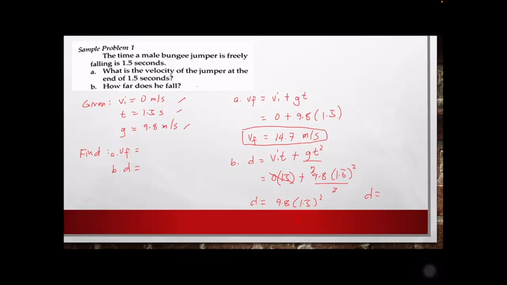Anyone? Are you sure? It's squared, so it's 1.5 squared. The answer is 11.03 meters, rounded to 2 decimal places. Okay na?